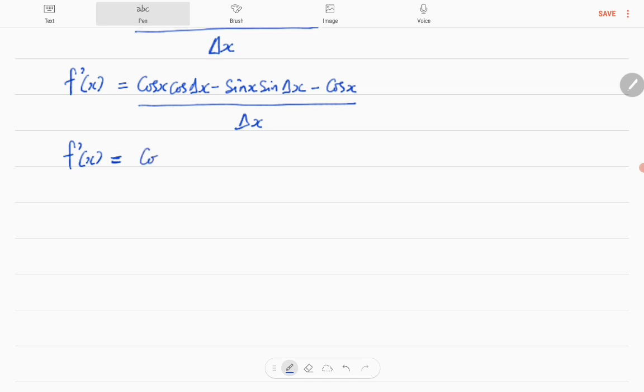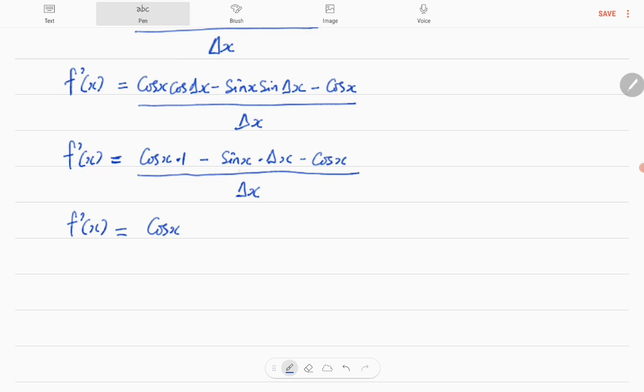I'm going to have cos x multiplied by 1 minus sin x multiplied by dx minus cos x, all divided by dx. So you have f prime of x is equal to cos x multiplied by 1, which is cos x, and sin x multiplied by dx, which is minus dx sin x, minus cos x, divided by dx.